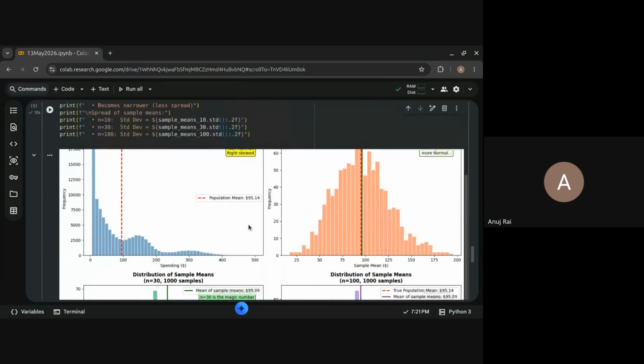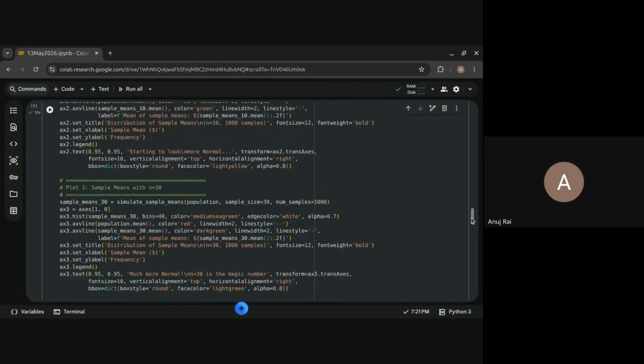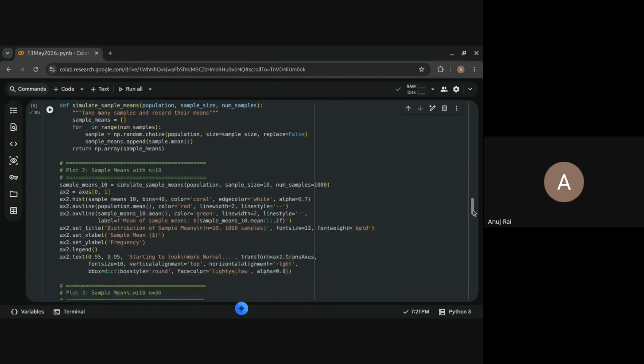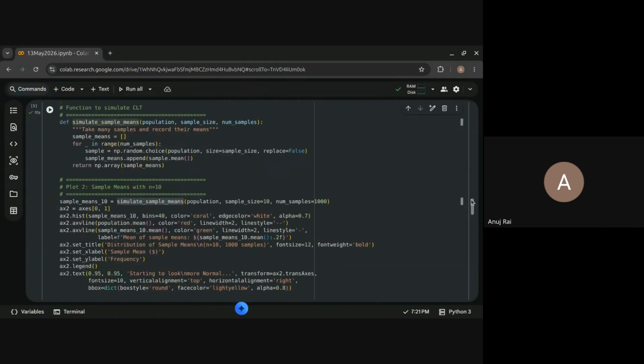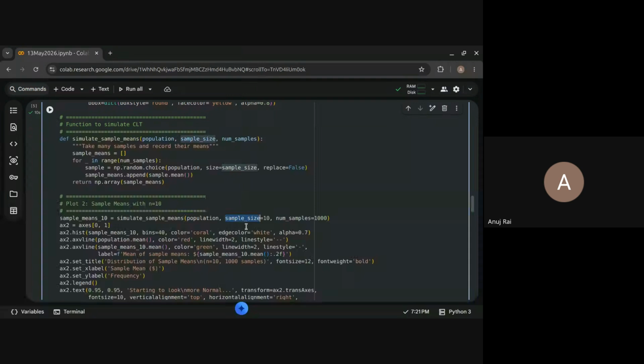So what we are going to do: first, we plotted this for the population, and the population mean is around 95. Now, in plot 2, we have created a function called simulate sample means.